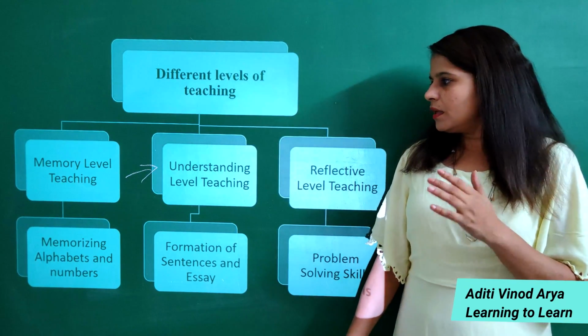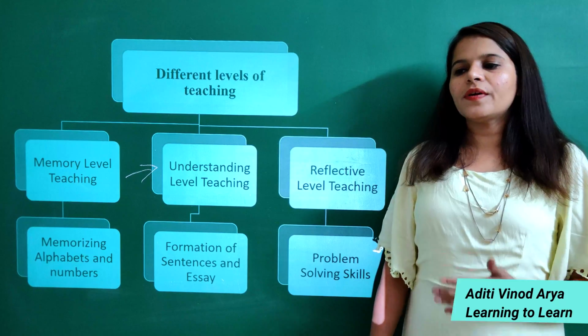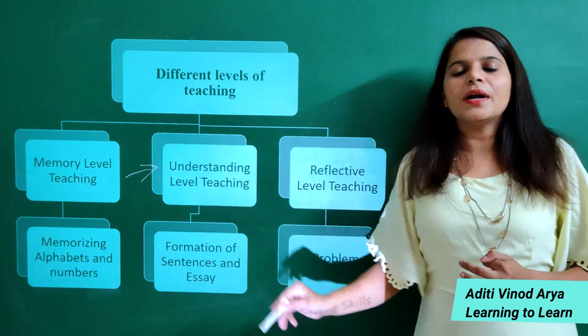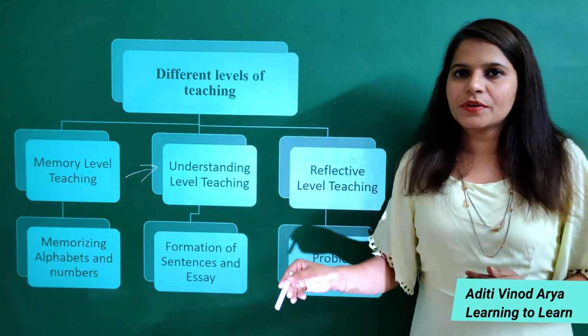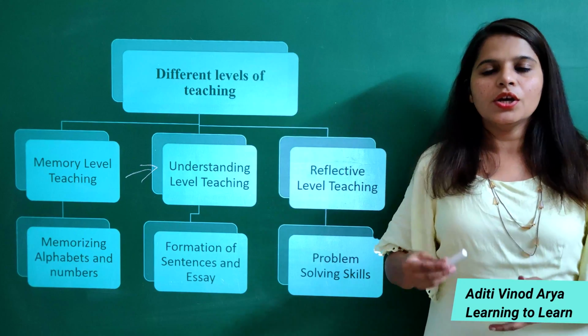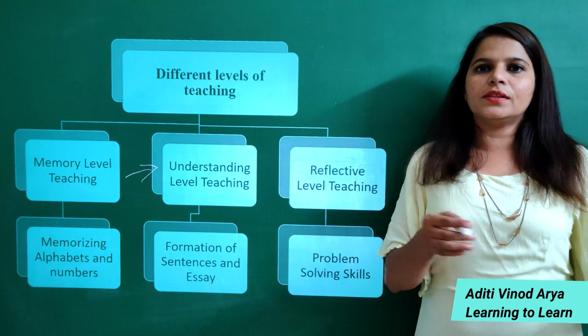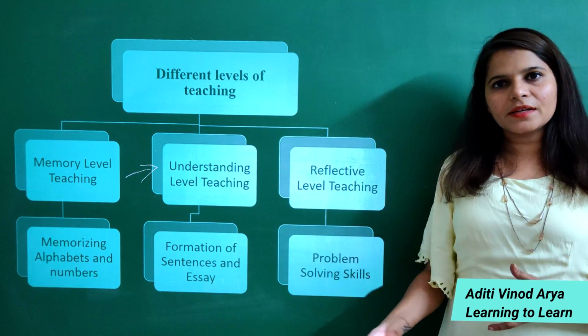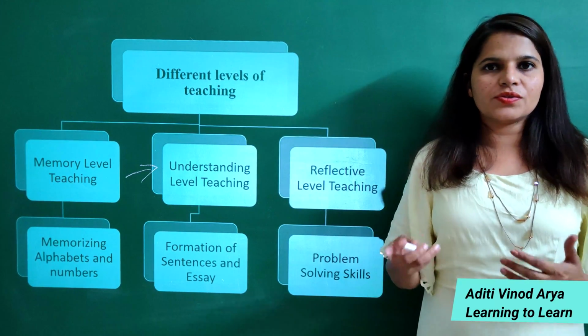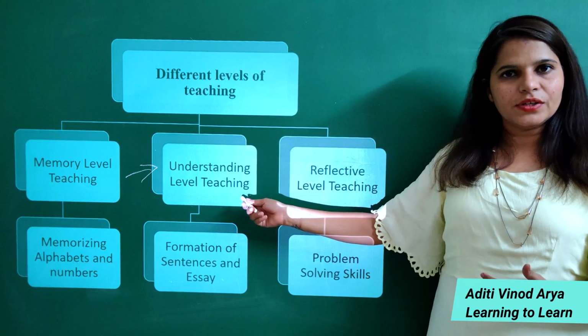understanding level teaching is something where the student not only memorizes stuff that has been done, but he's trying to understand various principles, various theories, and starts using logic to reason everything. So here more mathematics stuff, grammar stuff, and any subject or content mastery is done at understanding level teaching.